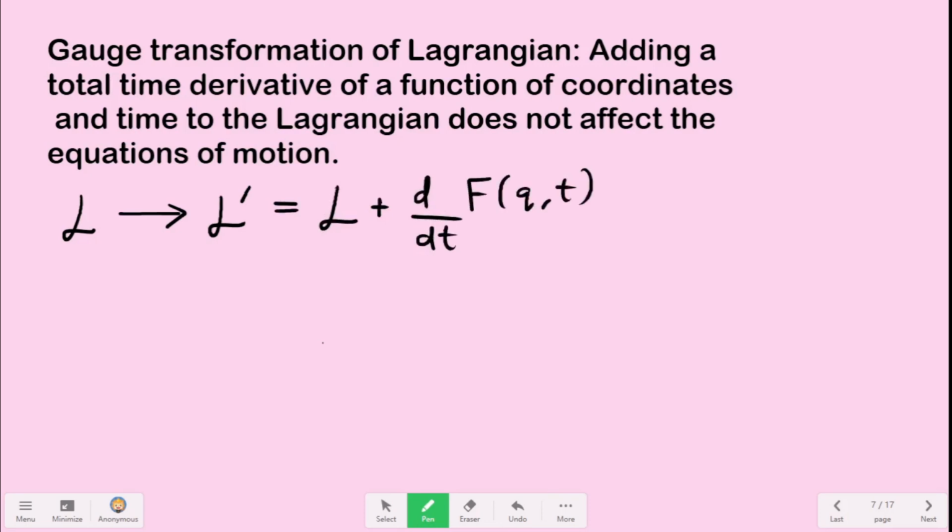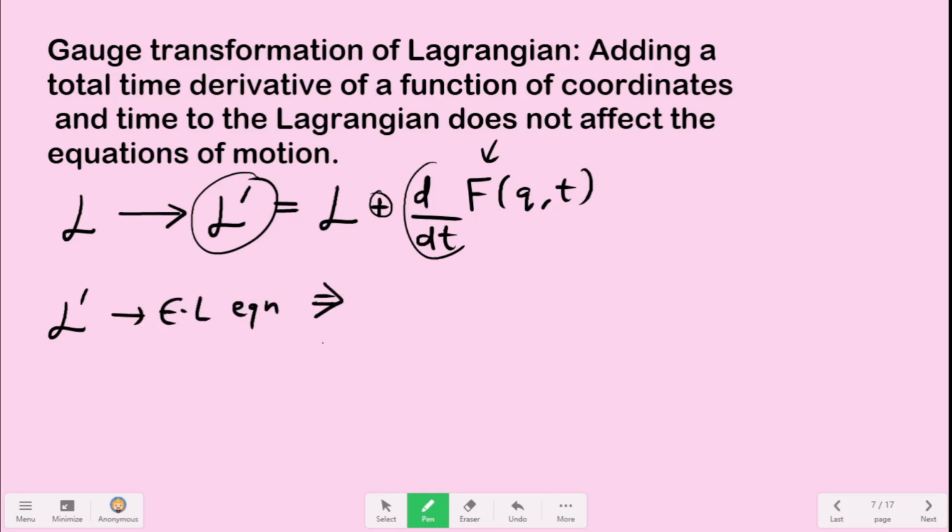So there is a function f which is a function of coordinate and time. We are taking its total time derivative and then we are adding it to the Lagrangian. Then we will get a new Lagrangian L prime, and if we are putting this L prime into Euler-Lagrange equation, then we will get some equation of motion.